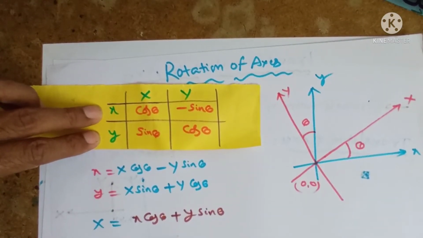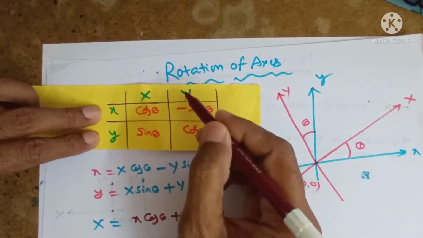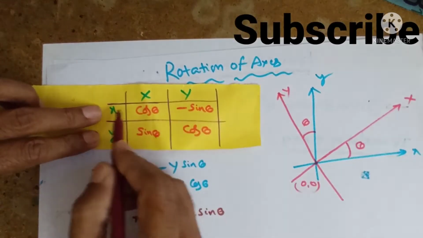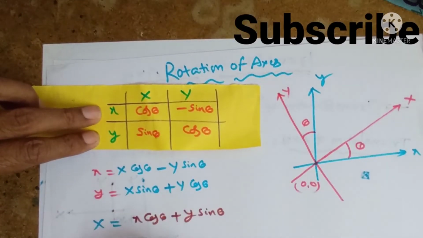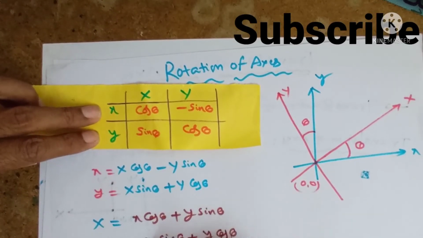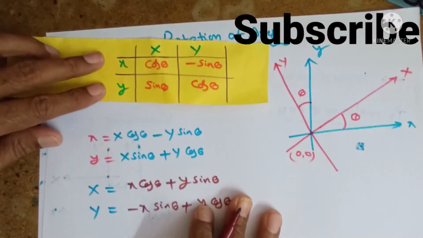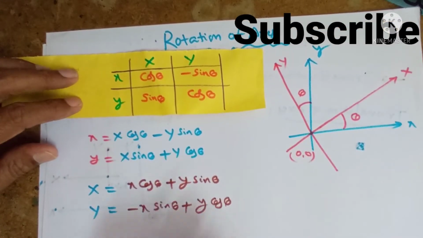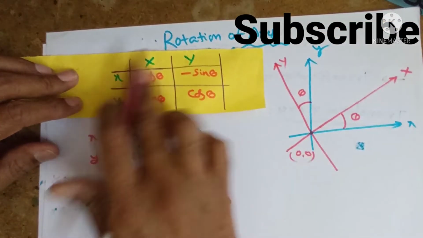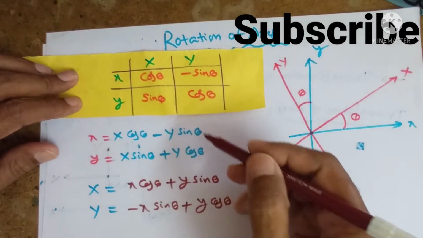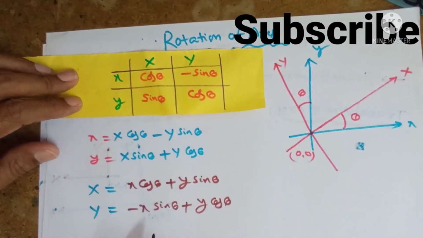Next, capital Y is equal to, opposite, what are they? Minus sine, cos: minus x sine plus y cos. Okay, so first we learn this table, then we can easily write these four formulas.